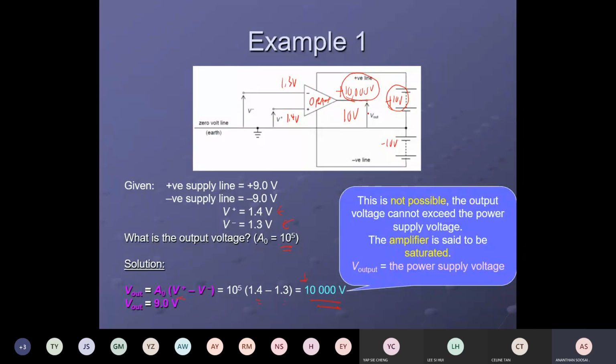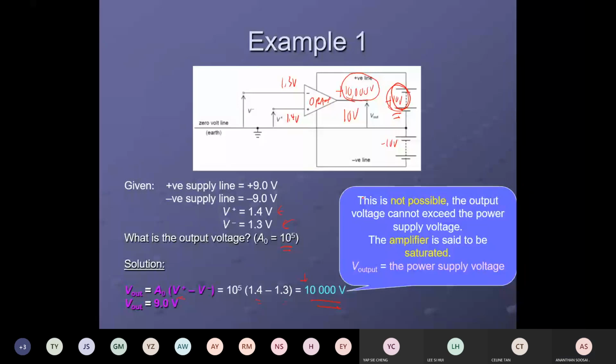Let's take a bank as an example. Inside the bank there is only 1 million ringgit. The manager instructs to pay someone 2 million ringgit. The bank can't afford it, it only has 1 million, so only 1 million will be given. Same thing here: the power supply only has 10 volt, but the op-amp wants to output 10,000 volt. So the output is only within the power supply range.